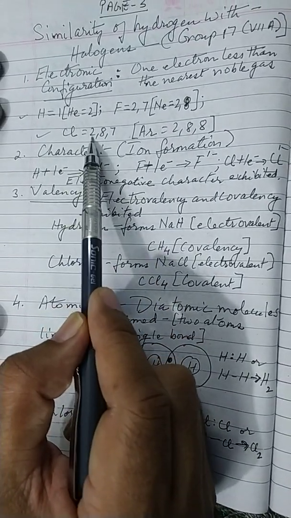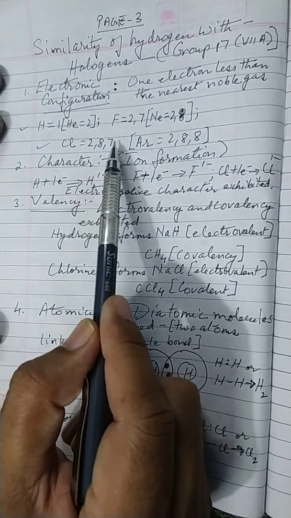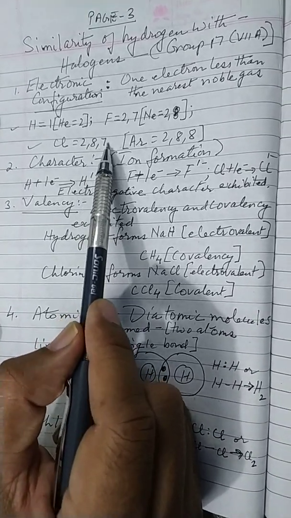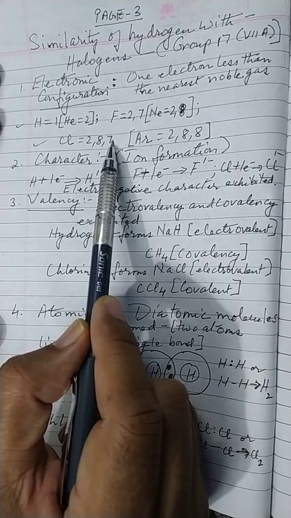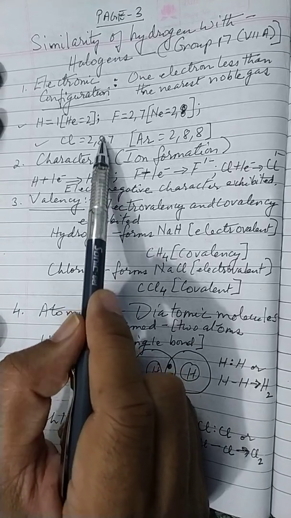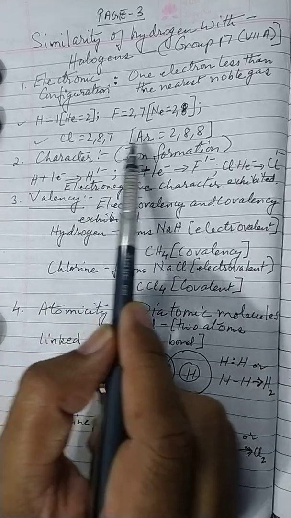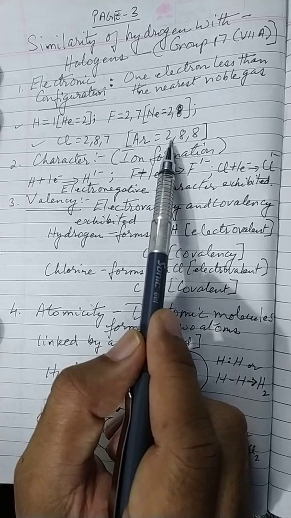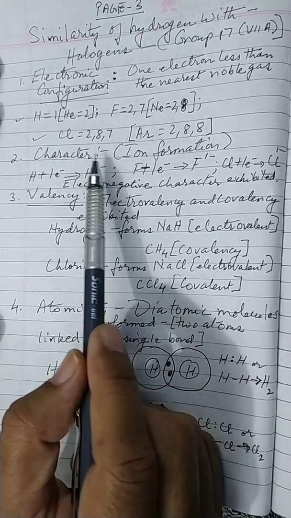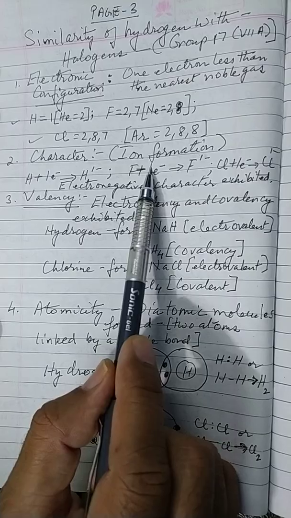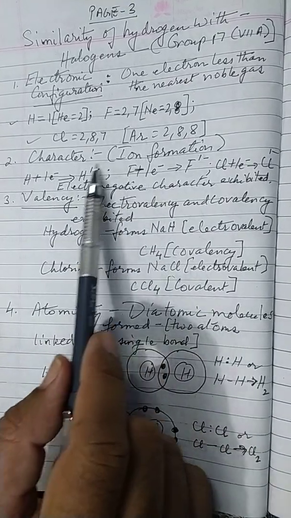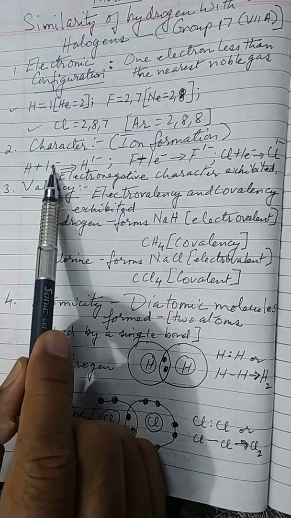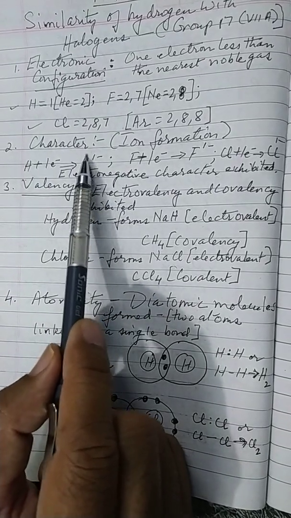Likewise, chlorine has electronic configuration 2, 8, 7. And when it gains 1 electron more, by allowing 1 electron to enter the outermost shell, then it becomes like the nearest noble gas, argon, with electronic configuration 2, 8, 8. Then we see that the ion formation character is also similar between halogens and hydrogen. For example, hydrogen, when it gains 1 electron, has 1 negative charge.